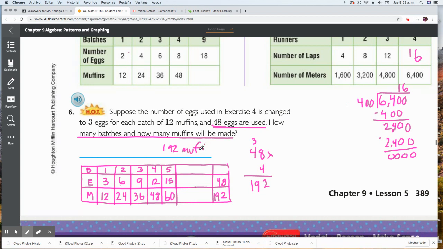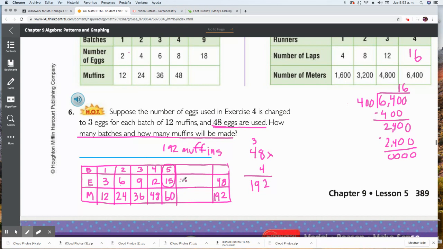But what about the number of batches? To find the number of batches, we need to think what is happening with this relationship right here with 5 and 15. What can we do to the 15 to get the number of batches?